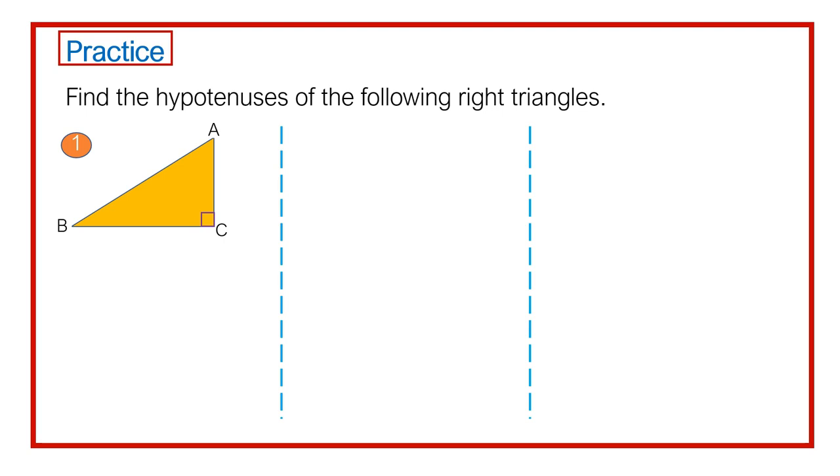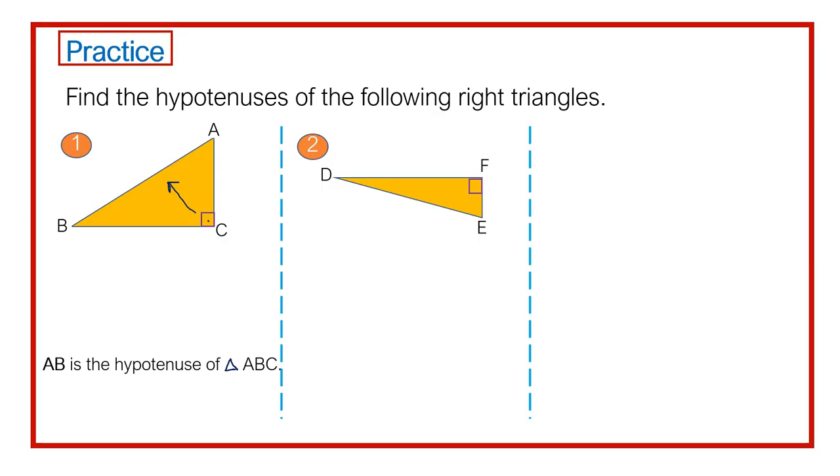And the largest angle is angle C. It is 90 degrees. So the side that is opposite angle C will be the hypotenuse. So this is the hypotenuse. So it means that the hypotenuse is AB. AB is the hypotenuse of triangle ABC. It implies that AB is the longest side.